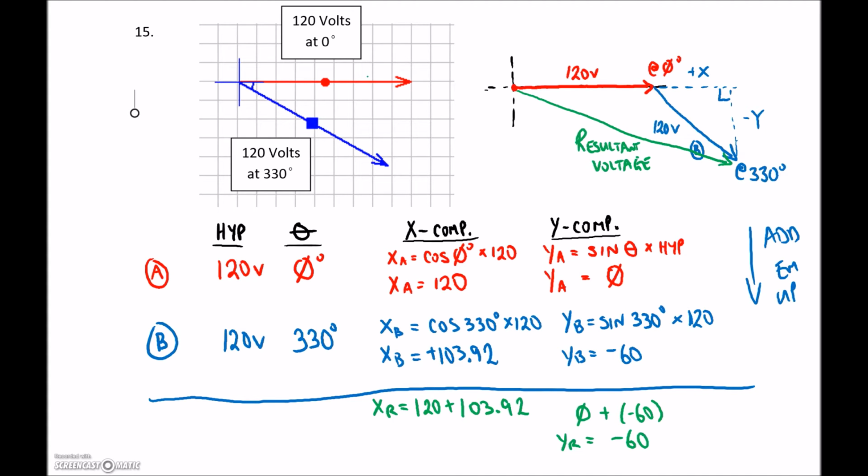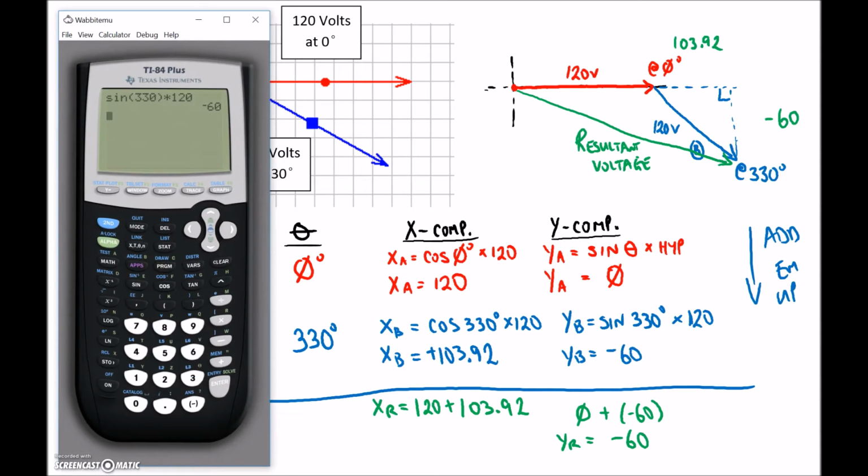So the 120 and the 103.92, which would be right here, we can add those up to find this adjacent value. The opposite value over here, we found to be negative 60. Okay, so that opposite is the only opposite value in that triangle there. So adding those up, we got 120 plus the 103.92. That gives us 223.92.